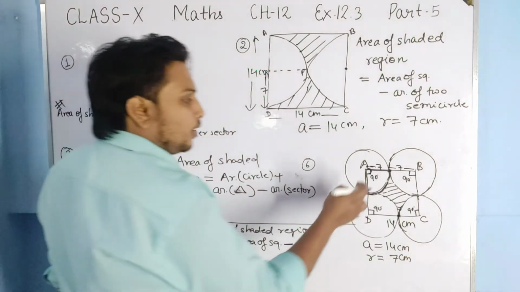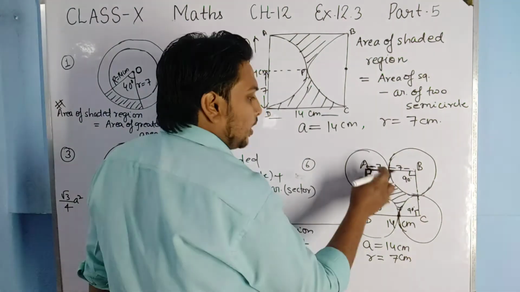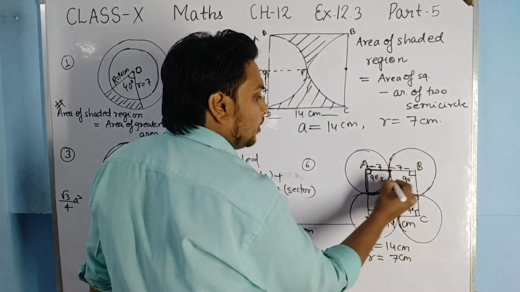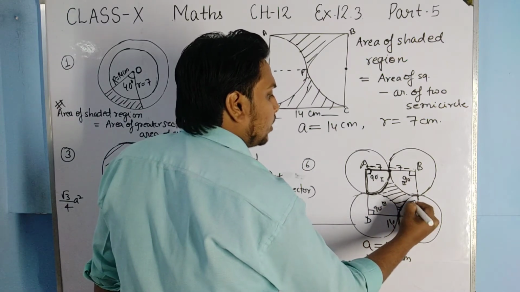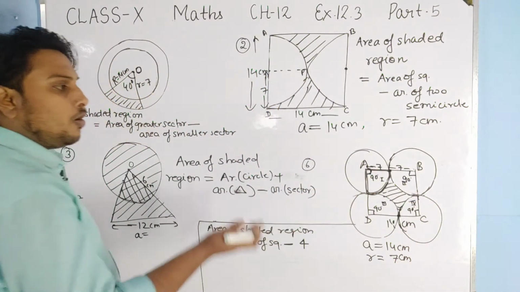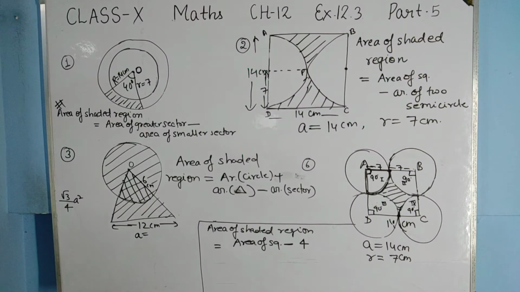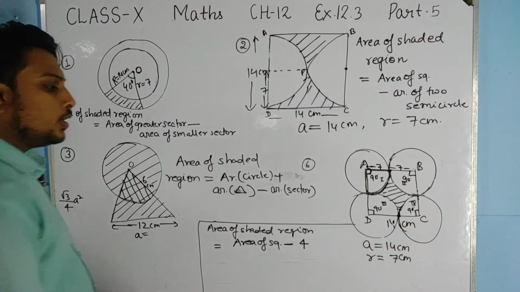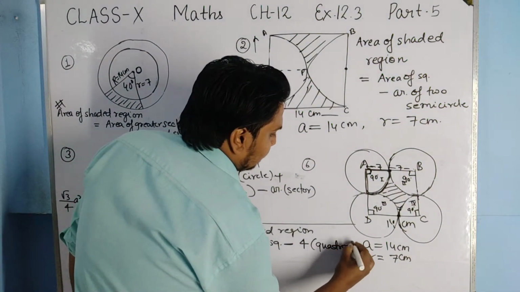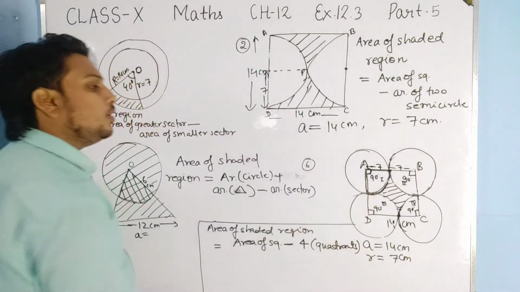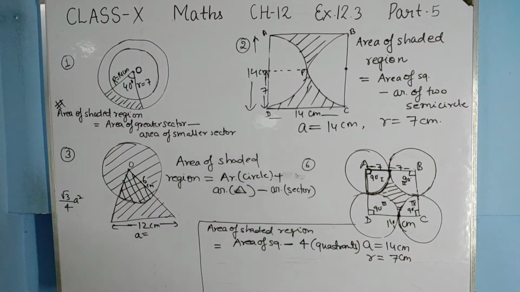Okay, see, from the area of the square, if we subtract this quadrant, quadrant 1, this quadrant 2, this quadrant 3, and this quadrant 4, means if we subtract all the 4 quadrants, they will have the same area. If we subtract all the 4 quadrants, then we will get our shaded region.